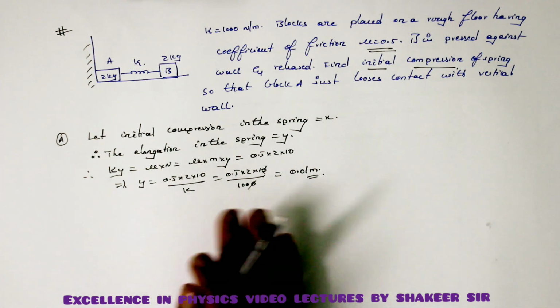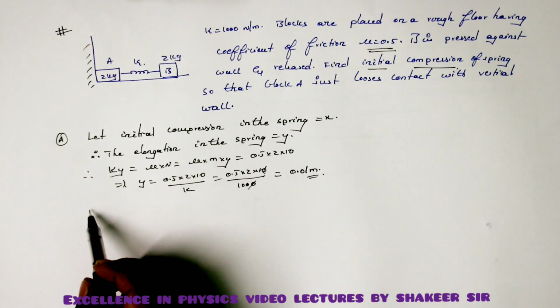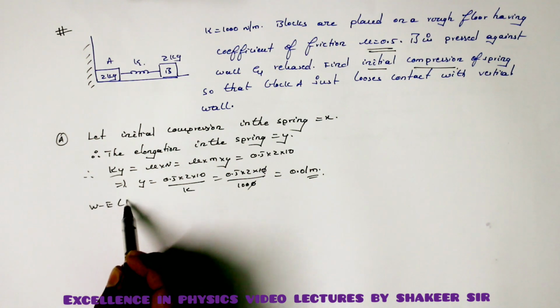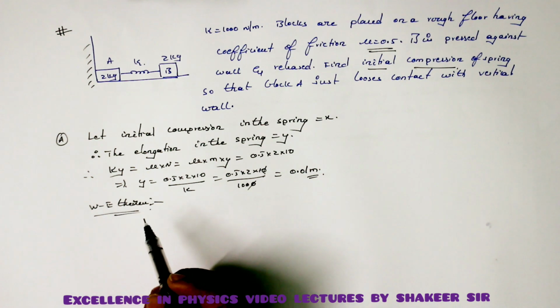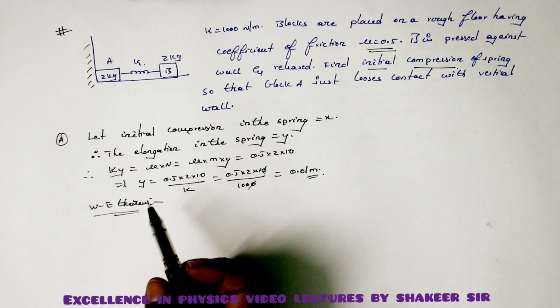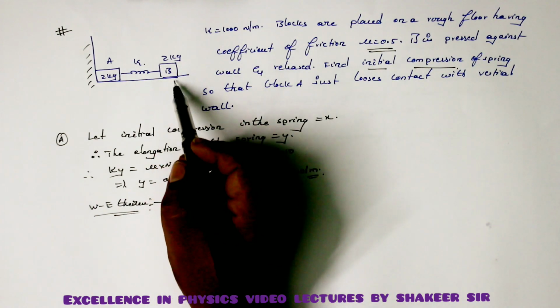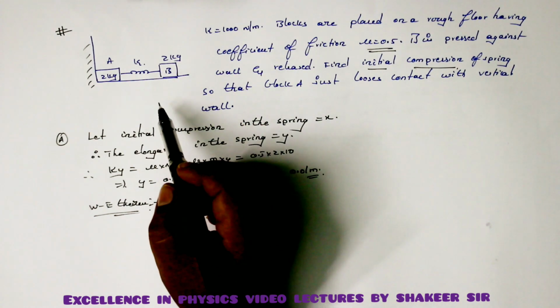So now let us see how we can use the work-energy theorem in this condition. How many forces are doing work? Let us see those forces. One force is friction, which is doing work.